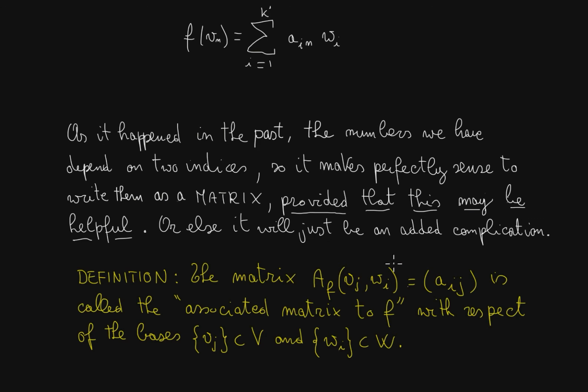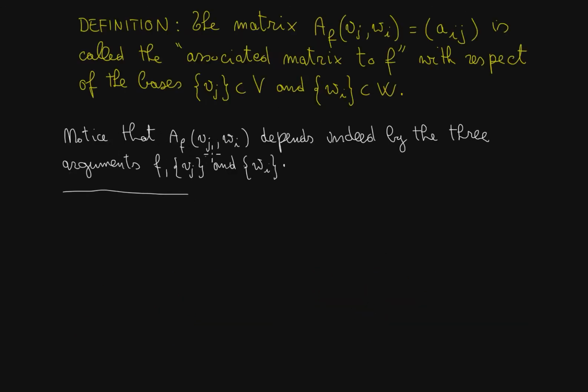We define this matrix to be the matrix whose coefficients are the a_ij. This matrix is called the associated matrix to F with respect to the bases Vj and Wi, since they appear in the notation. Notice that this matrix indeed depends on the three arguments F, Vj, and Wi.